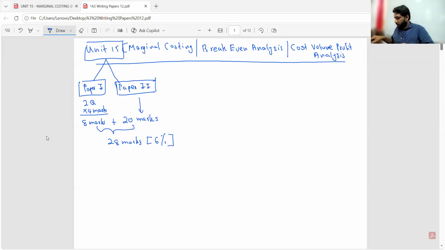Okay. So people, as I told you, 28 marks, 6% of the paper. 6% is significant. If you understand the unit properly, getting marks for this particular unit is not difficult. So I'll explain this entire unit using one single story. Your purpose today should be very simple.